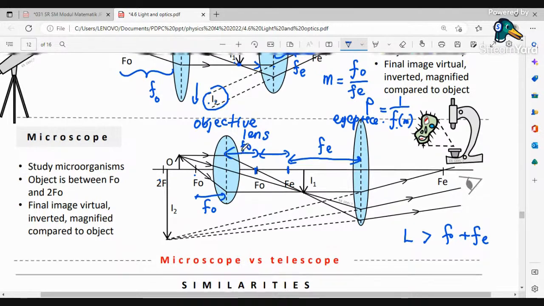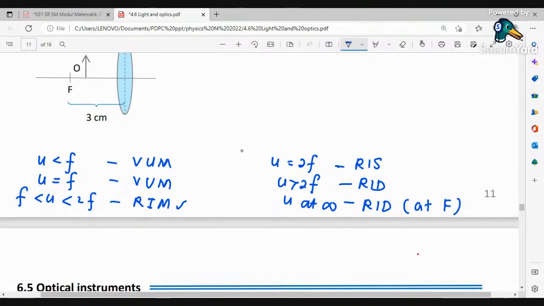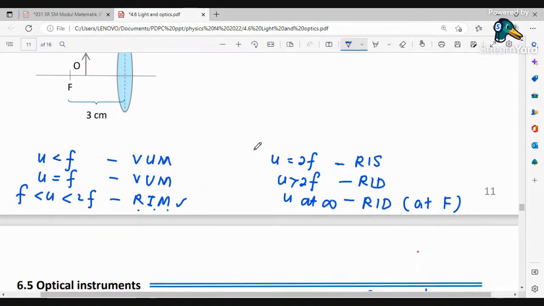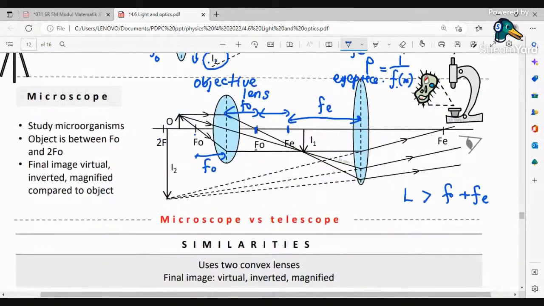Okay, we go back to the characteristic just now. Ini U between F and 2F, the image formed should be real, inverted, magnified. Okay, so this is the object which is smaller. Parallel to principal axis, pass through F; pass through center, no refraction, straight; pass through F, refract parallel.